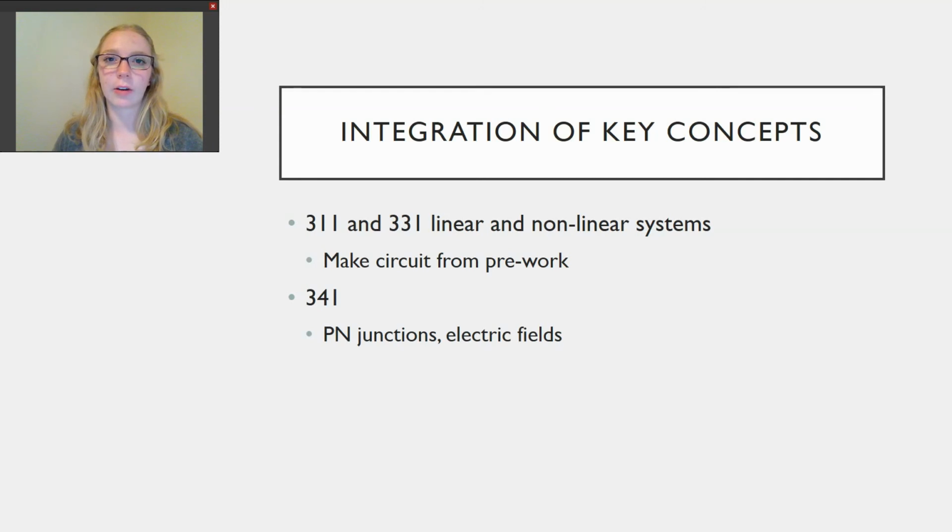And we are seeing how that is working with 341. And then electric fields are just very important, and so I wrote them down, and I think that somehow all three classes are going to integrate, but right now I think it's a little hard for me to see.